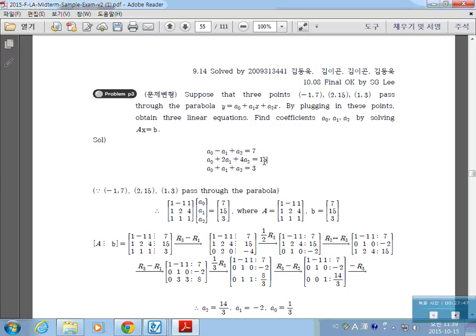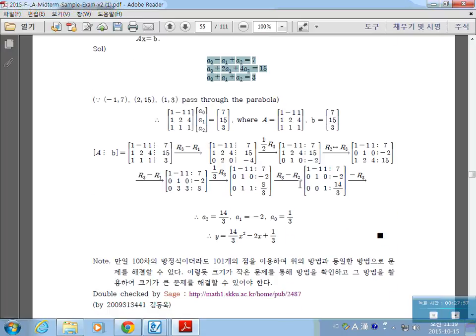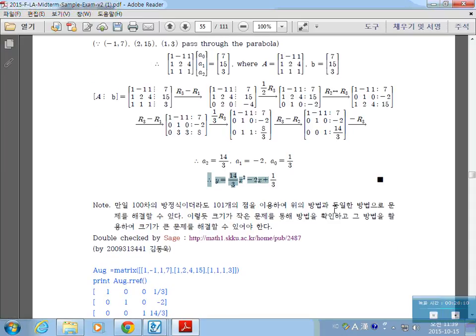All you have to do is find the coefficients A0, A1, and A2, which can be done by solving the linear system of equations as we did here from the Gaussian elimination. Then you can find A0, A1, and A2, which gives you the equation like this.